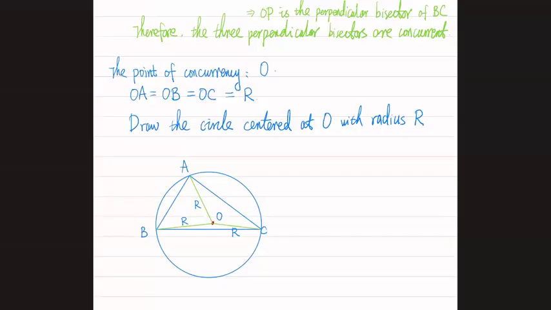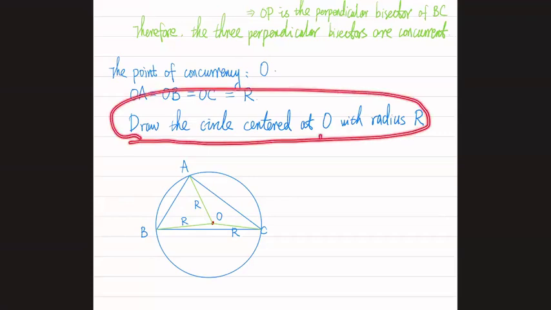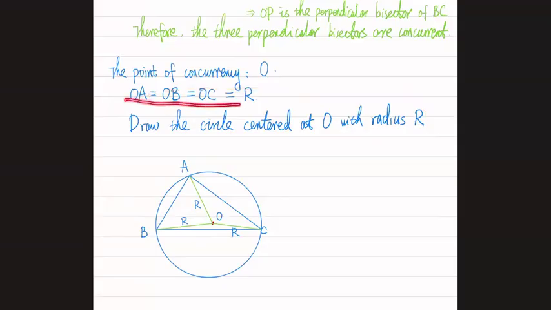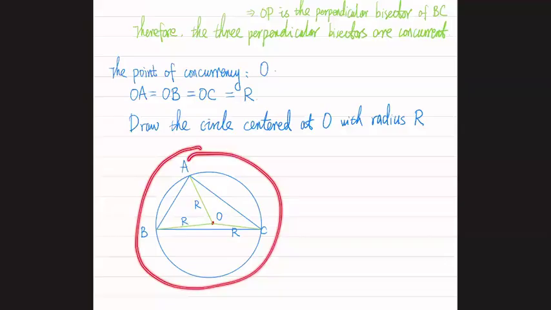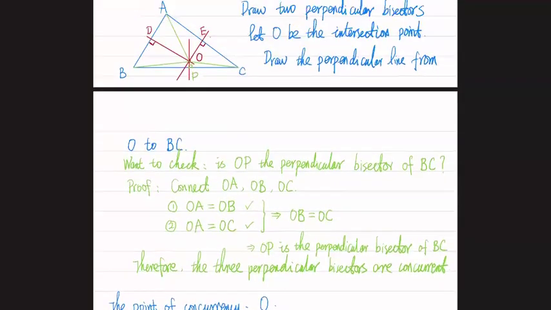Okay, so we draw the circle centered at O with radius R because the distances from the center to the 3 vertices are equal to R. So this circle contains the 3 vertices. We can compare this circle with the incircle.